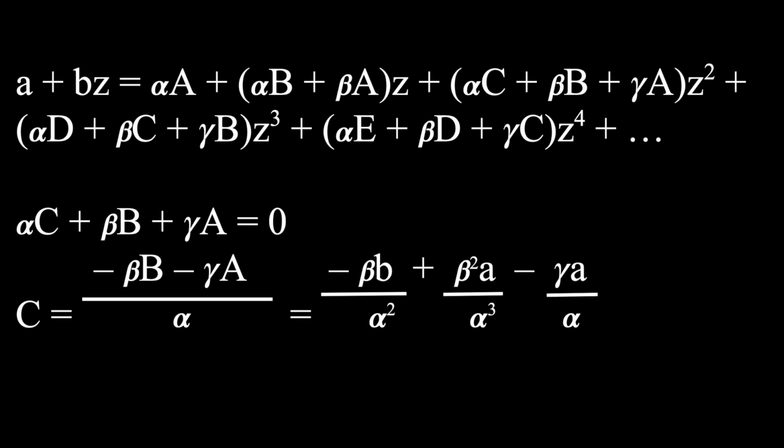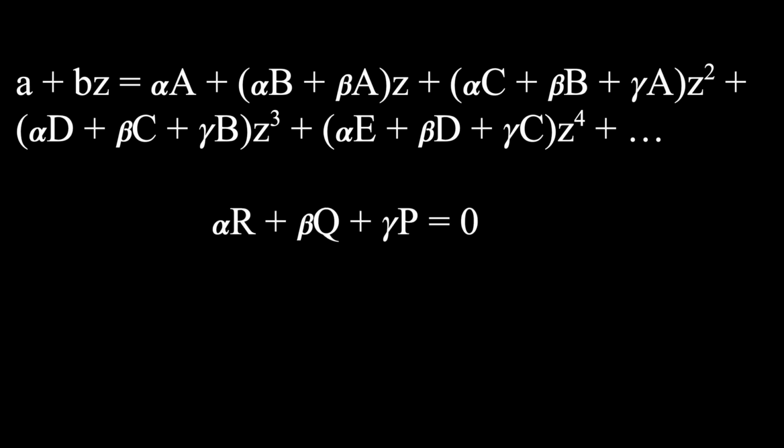In general, for any arbitrary coefficient r, we see that alpha r plus beta q plus gamma p, the two coefficients before it, is equal to 0. So therefore, when you solve for r, you get r equals minus beta q minus gamma p all over alpha.